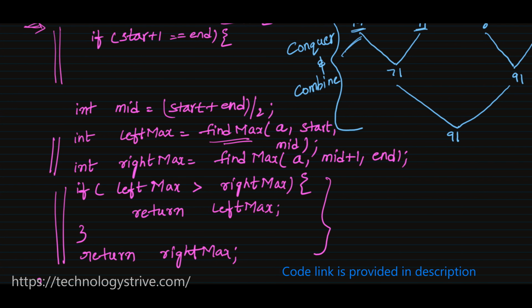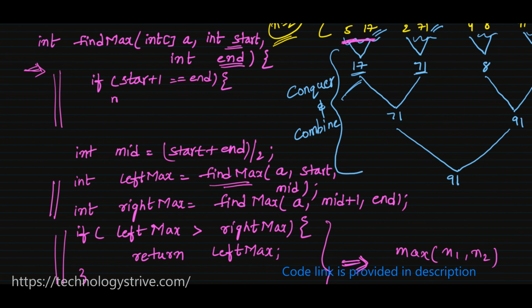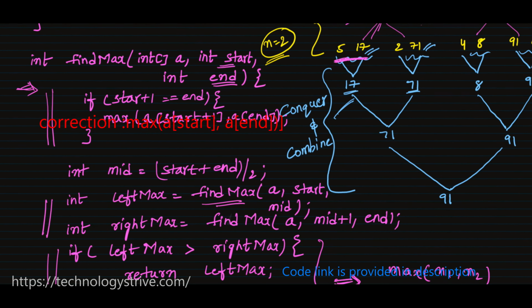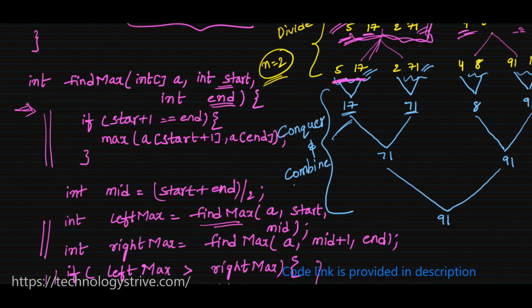Let's assume that we have written a method called max with n1 comma n2, where we compute. In that case we are going to call the method max with a start comma a end. And here we achieved only two elements, right?